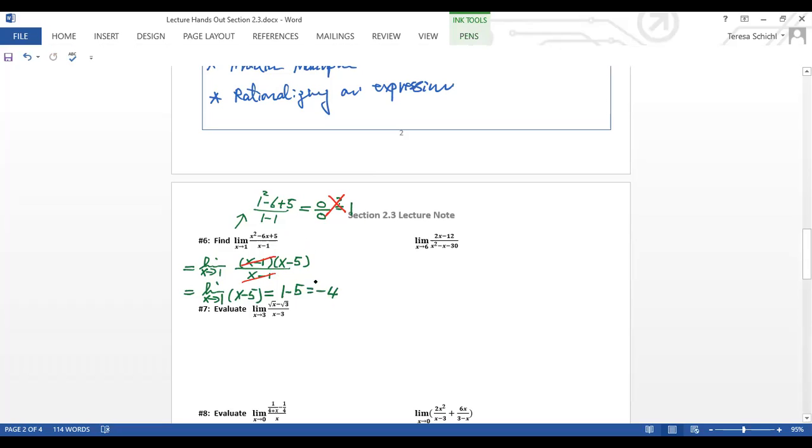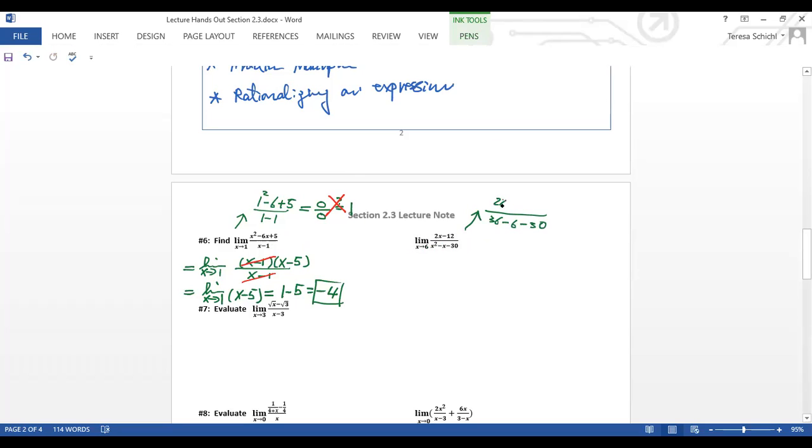Okay, all right. So let's take a look again. The second one is here. You always substitute the value in first to see what you have. So x equals 6, okay? Here I have 36 minus 6 minus 30. I just substitute x equal to 6.